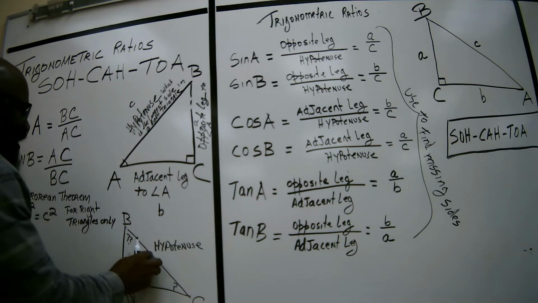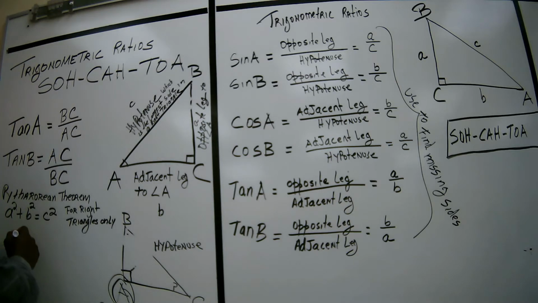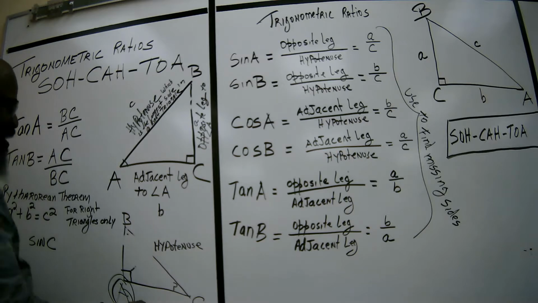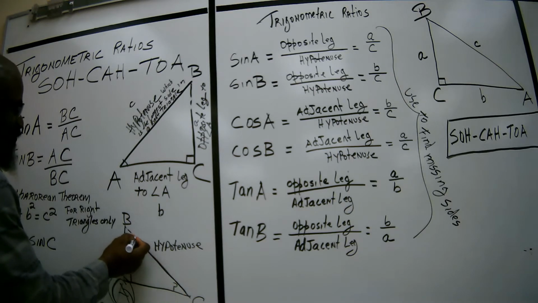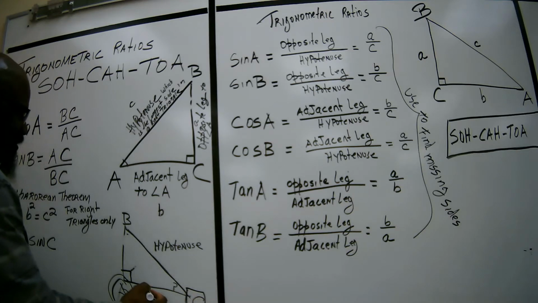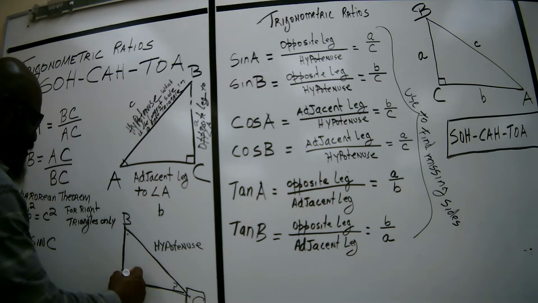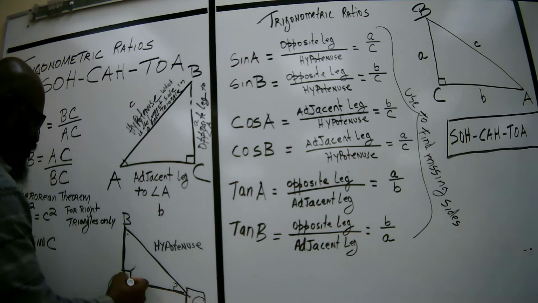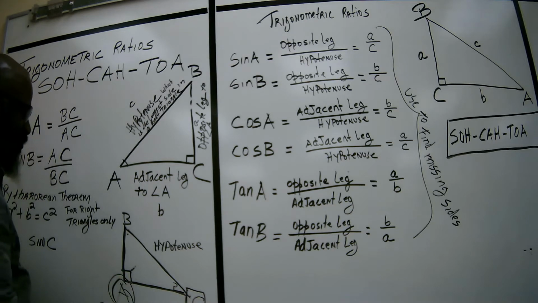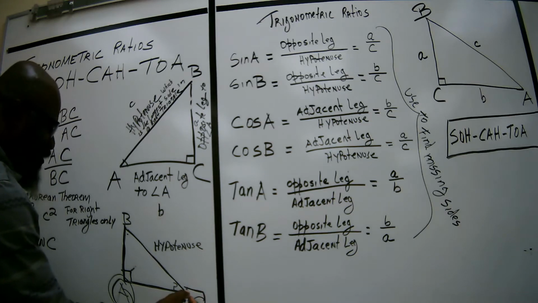If they ask me to find sine C, in this case they tell me I'm at angle C. I know AC is a leg and BC is another leg. Those two segments meet and form the 90-degree angle. Since I'm at C, I need to look across.